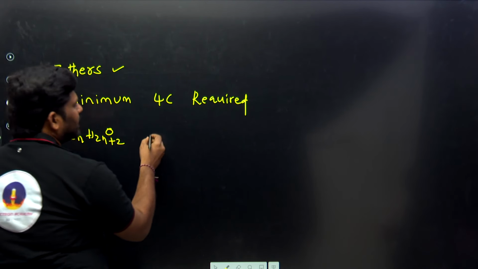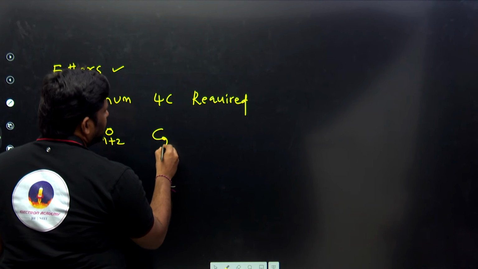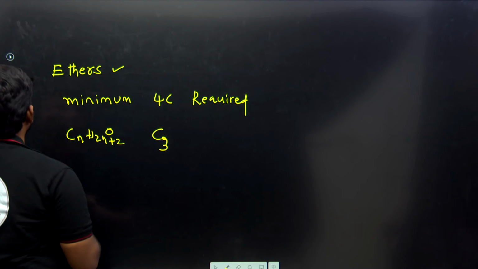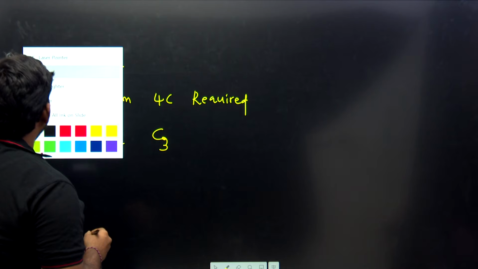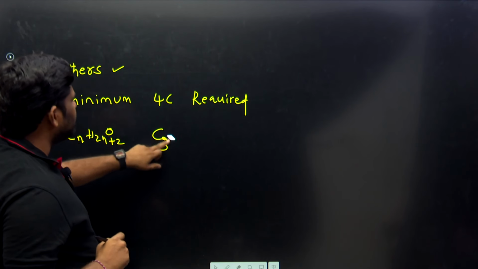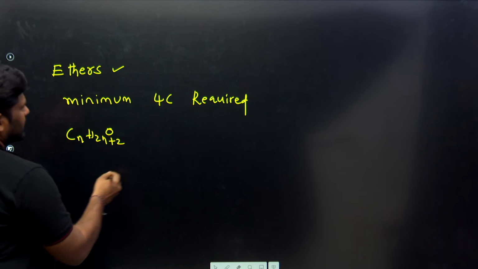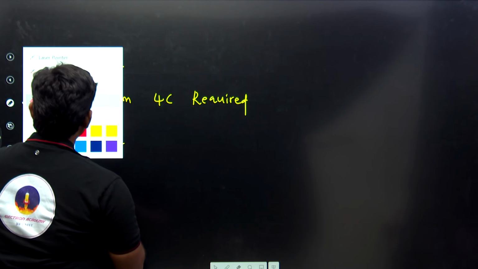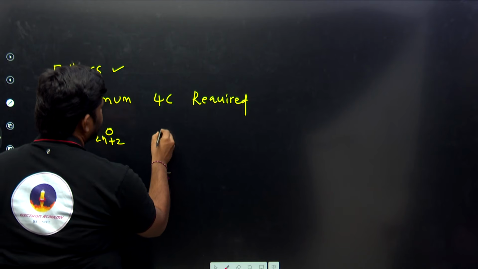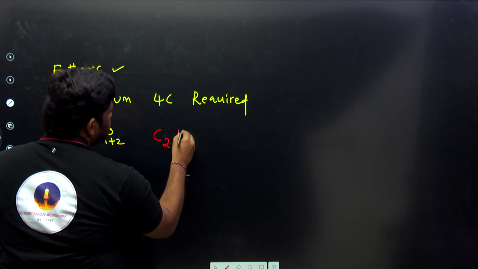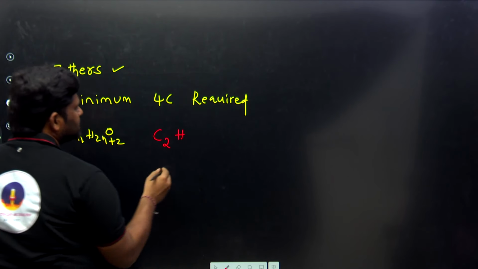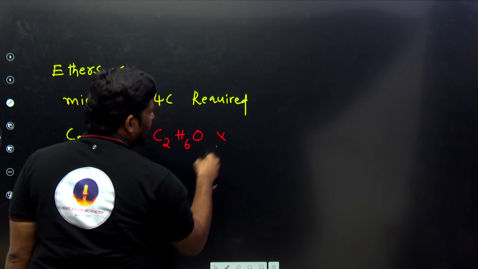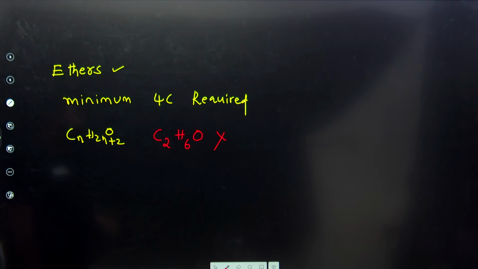Now, for ether formation, a minimum of 2 carbons is required. For example, I am taking C2: 2 twos are 4, plus 2 is 6, C2H6O cannot exhibit metamerism.